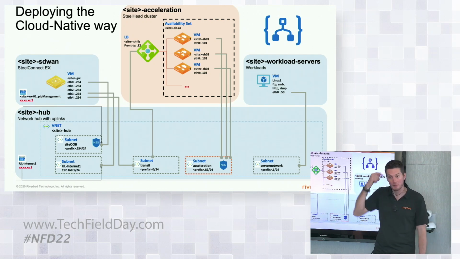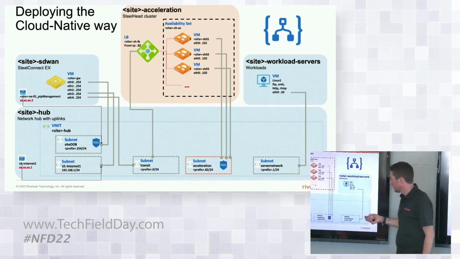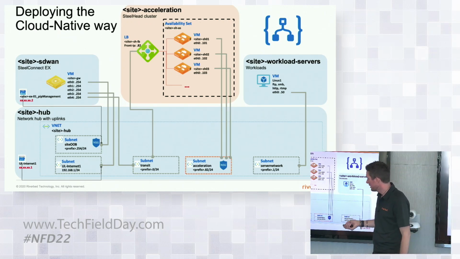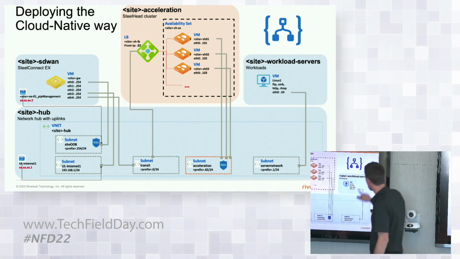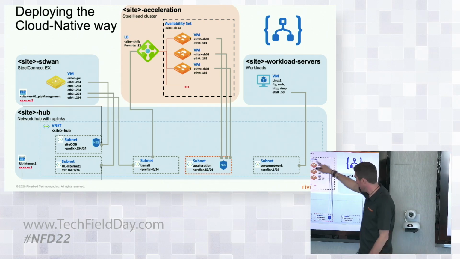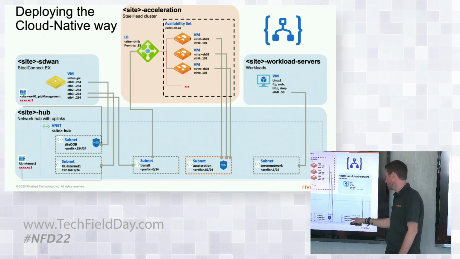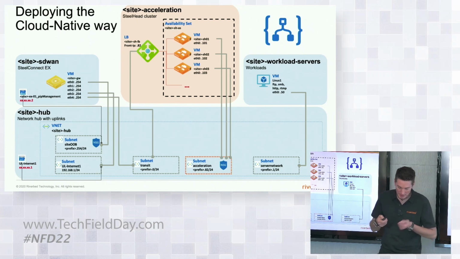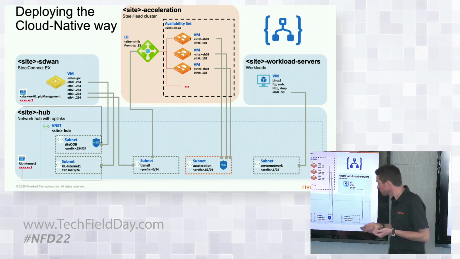Meaning that I have a UDR, a pointer on Azure here, to say that from this subnet or from this subnet to get access to the server, I'm going there, and from there we are making a rule that the next hop is the load balancer, which load balances to the SteelHead, and it knows that it goes back to the subnet, to this subnet, and goes to this subnet. So we are adapting our technology to the cloud, and that's the cloud native way.